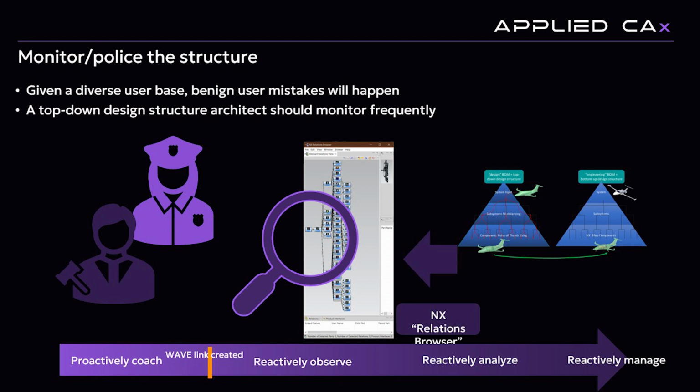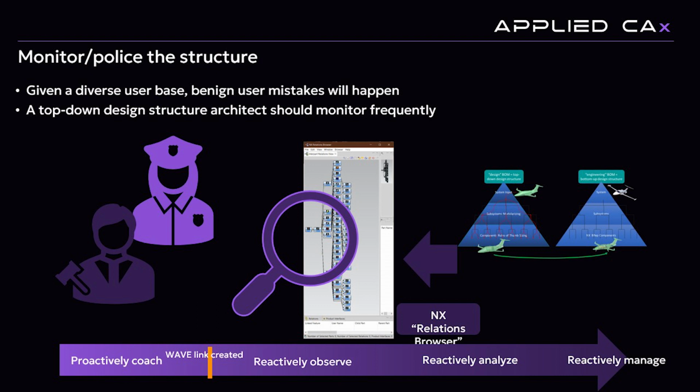Here's another example, another view of the relations browser. This one looks a lot better. The other one, I didn't want to zoom in too much, but it was crazy, really bad. This will tell you if your wavelengths are being properly used. It's under assemblies, and then in the wavelength area, in the drop down there.